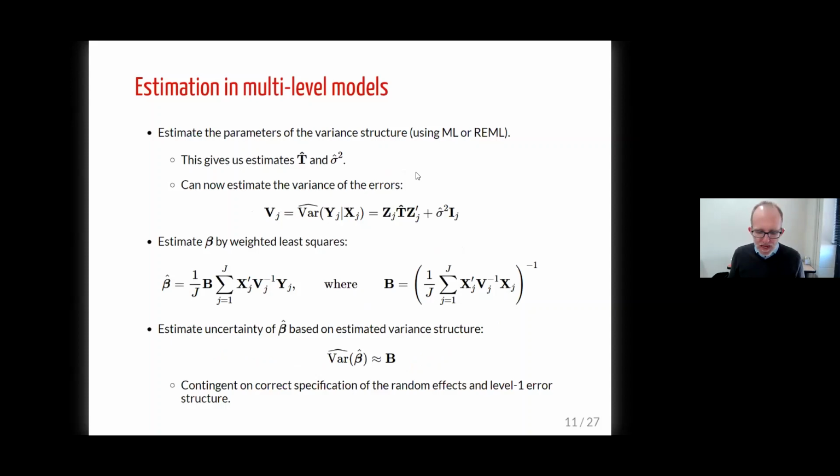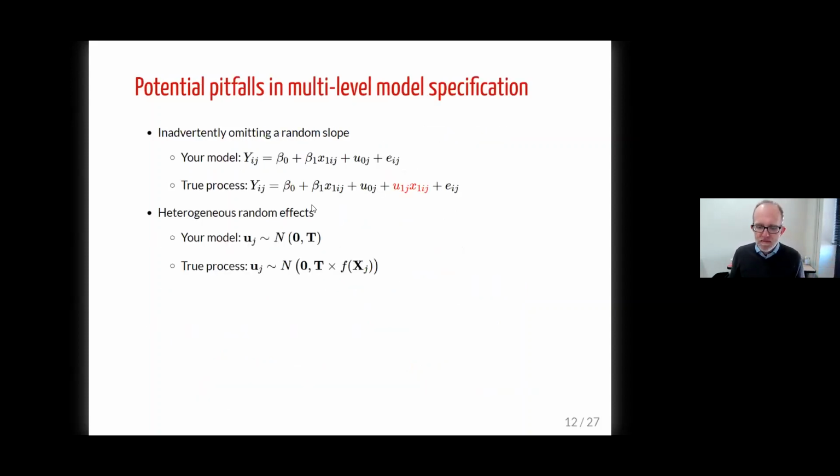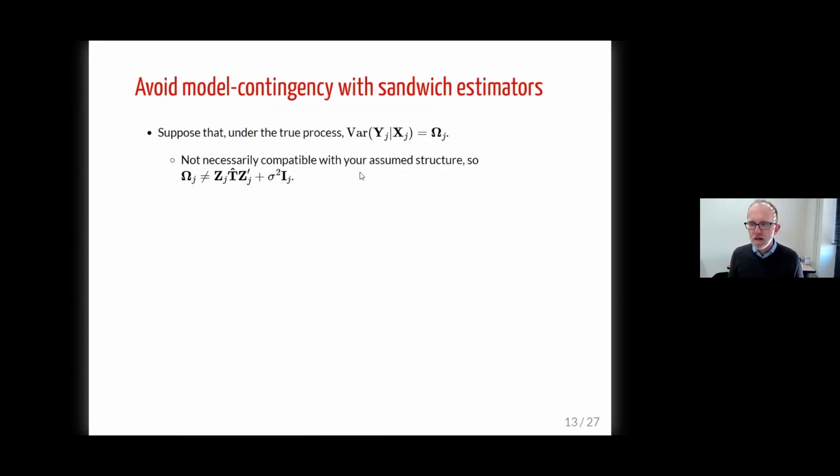So I'm going to assume that you've done that and that you can trust the beta hat estimates from the multi-level model, but you don't necessarily trust that you've gotten the random effects specification and the individual level error specification correct. So say that maybe the true process follows some other structure. I'll call it Omega_j, where that structure doesn't necessarily conform to the assumptions of the model.